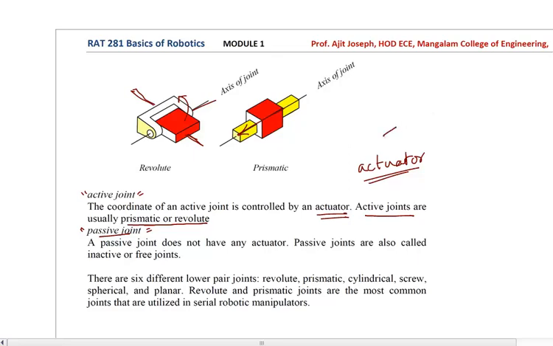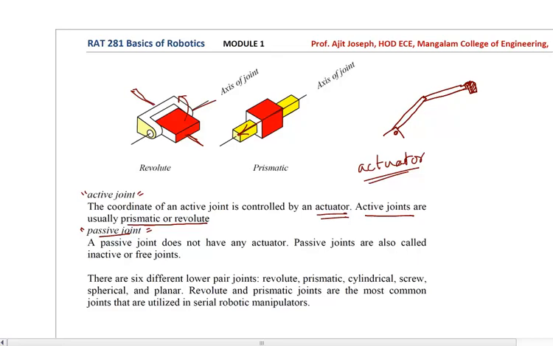Okay, let me draw a structure. Suppose you have this kind of a structure, and there is a very heavy load here.